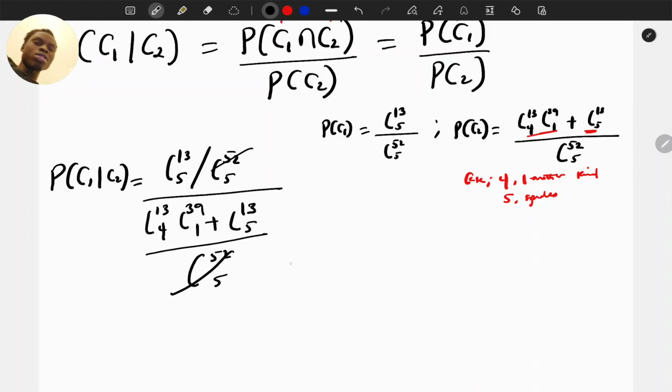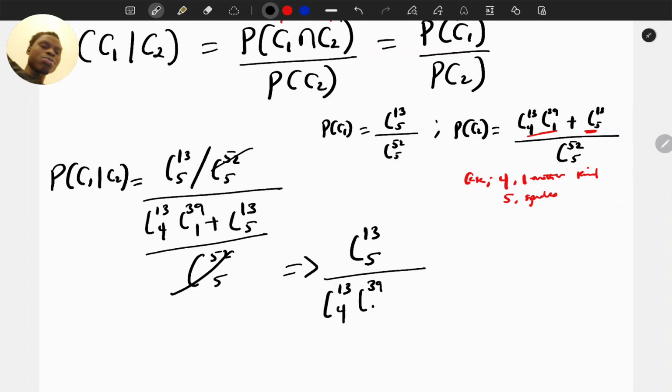So this cancels this, and we are left with 13 choose 5 over 13 choose 4 times 39 choose 1 plus 13 choose 5. If you solve this carefully, you have something like 0.0441 as your result.